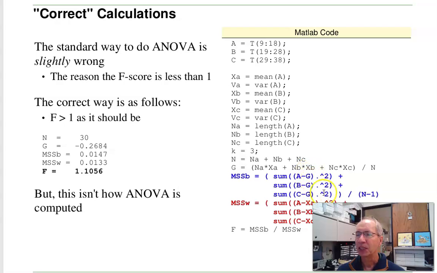Do that for A, B, and C, then divide by n minus 1. So I have n data points, 1 global mean, n minus 1. That's mean sum between columns, 0.0147. The mean sum within columns would be the same we did before, divided by n minus k, 0.0133. Take the ratio. Now the F score is 1.1056.